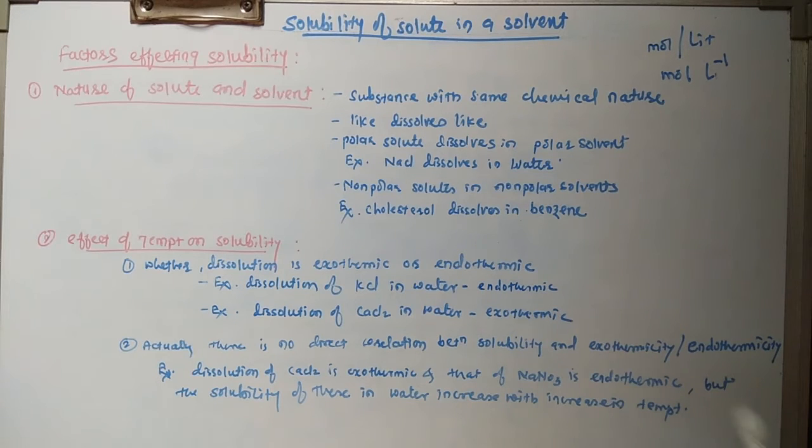In the above cases we saw that at higher temperature the endothermic process is favored, and at lower temperature the exothermic process is favored. But in these two examples, the solubility of both goes on increasing at higher temperature. So this is the effect of temperature on the solubility. Now let us see the effect of pressure on the solubility.